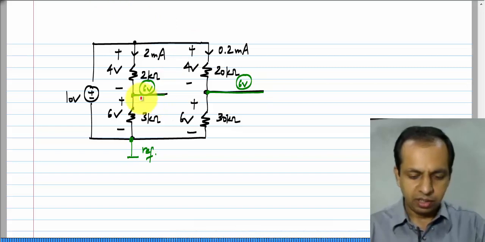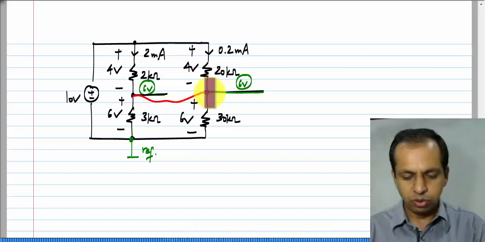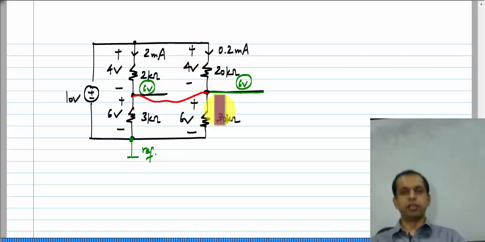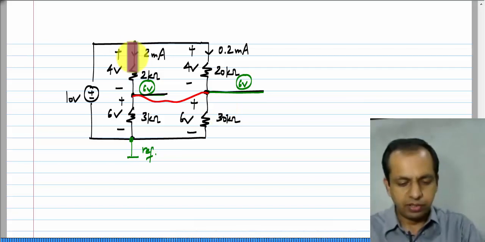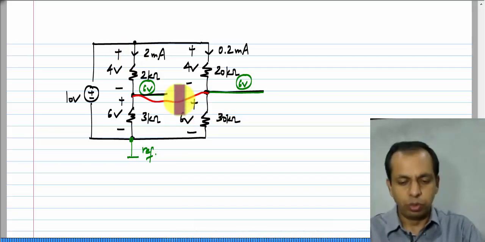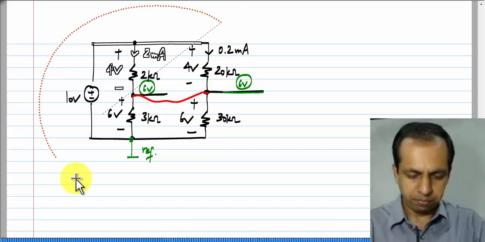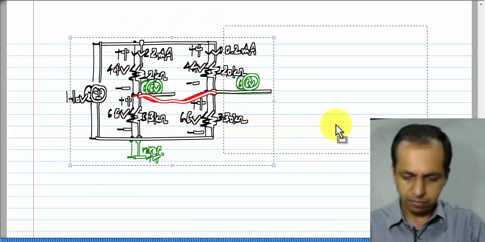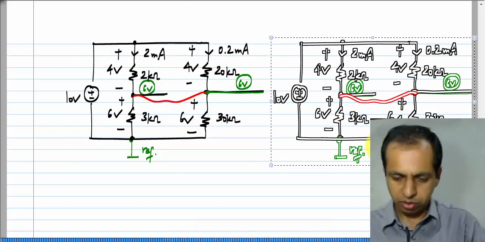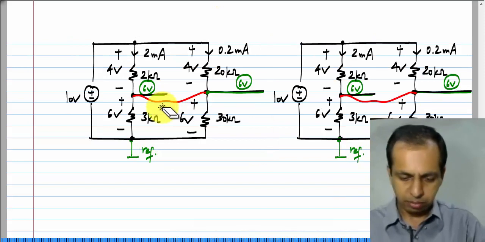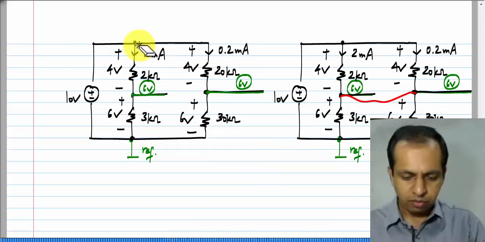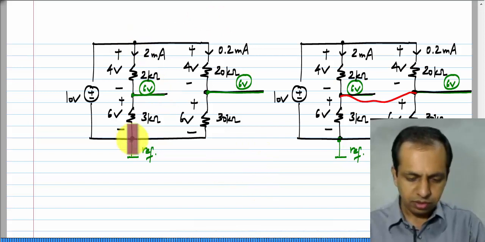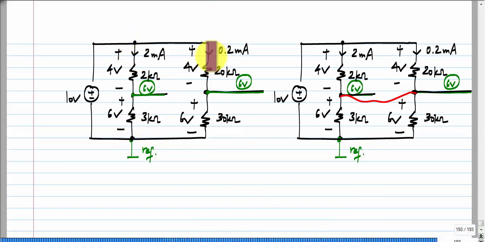Now, what am I saying? What I am saying is that these two nodes can be connected together because they are both at 6 volts without altering anything else in the circuit. Now, this is a simple circuit, and what else is there? If you look at the currents through these resistors with and without this connection. Let me show a copy of this and remove the connection over there. Now, without this connection, you see that there is 2 milliamps flowing through that, 0.2 milliamps flowing there, and these are at 6 volts.